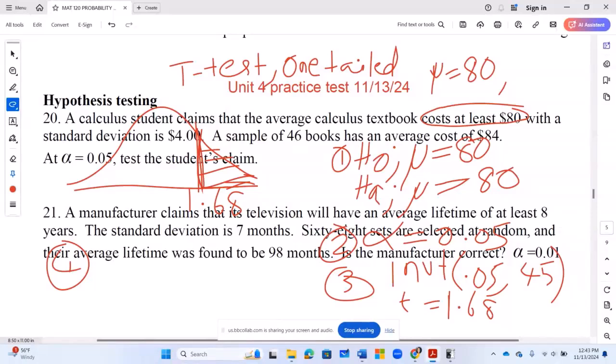Now I want to solve for the value of t, the test statistic. Step 4. The test statistic t is equal to x bar minus mean divided by the standard deviation over the square root of sample size. Then I will put everything in.